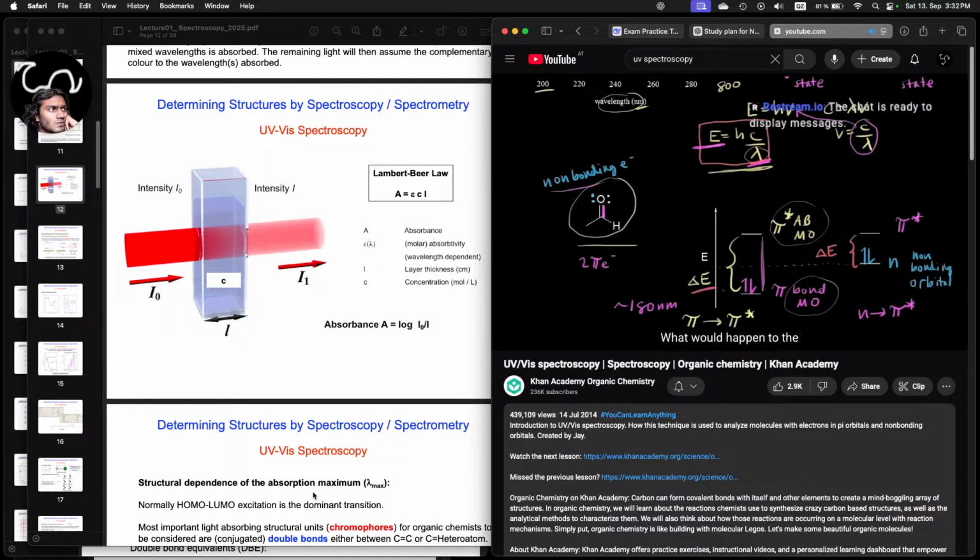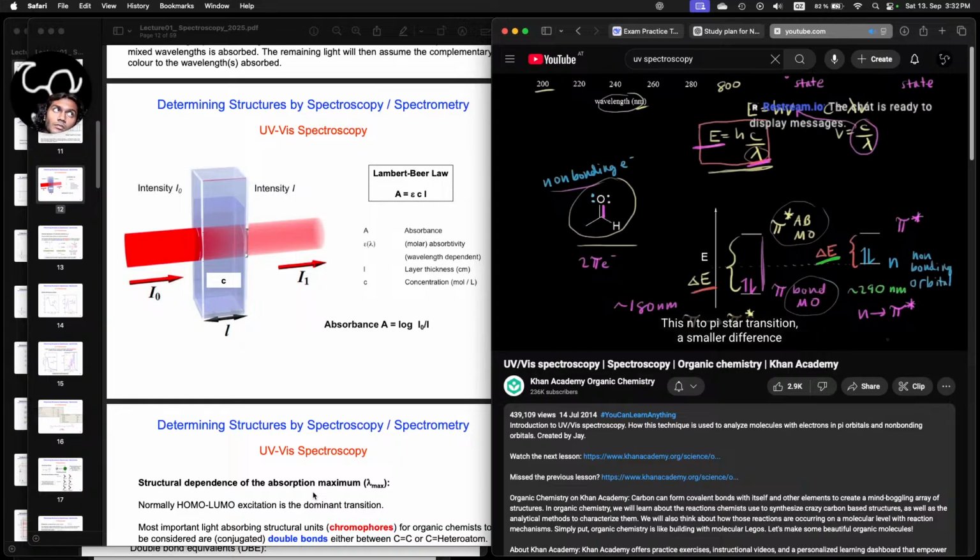And so what would happen to the wavelength of light that's absorbed? If we have a smaller energy difference, energy and wavelength are inversely proportional. So this must be a longer wavelength. So this absorbs light at a different wavelength, a higher wavelength. And it turns out to be approximately 290 nanometers.